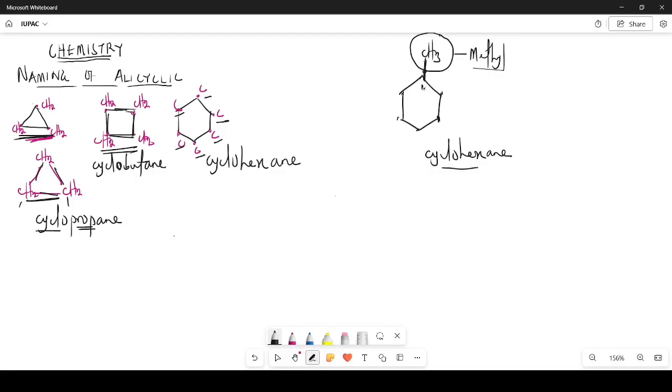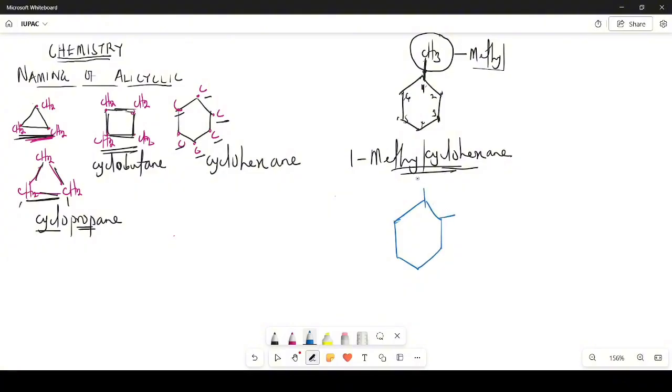So far, there's only 1 substituent. You just number 1, 2, 3, 4, 5, and 6. So what's going to be the name now? Methyl is at position 1, so you just say 1-methylcyclohexane, and that's the name. Does that make sense to you? How about if you have a compound like this?